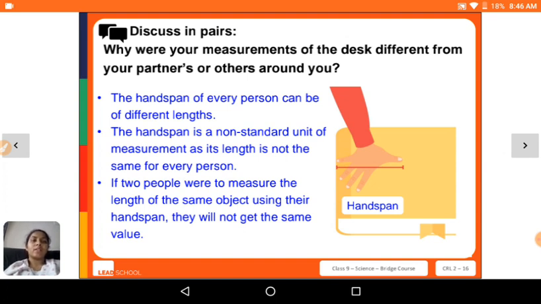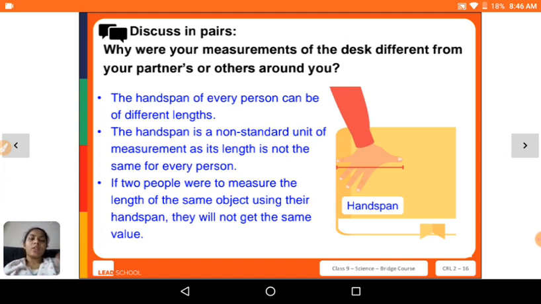That difference is because your father's or any family member's hand will be bigger than yours, so it will take less measurement for one handspan compared to your handspan.